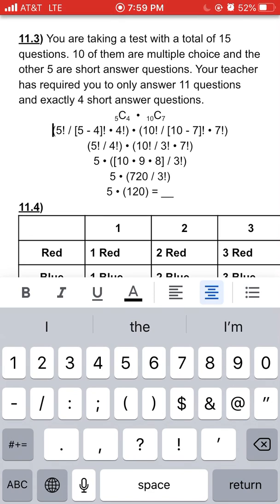I chose to cancel out the 7 factorial in 10 factorial, which makes it 10 times 9 times 8 divided by 3 factorial. 10 times 9 times 8 is 720, and we have that over 3 factorial. 3 factorial is, I forgot. Well, 3 times 2 is 6, so 720 divided by 6 is 120. 5 times 120 is 600. So you have 600 possible ways to answer these questions.